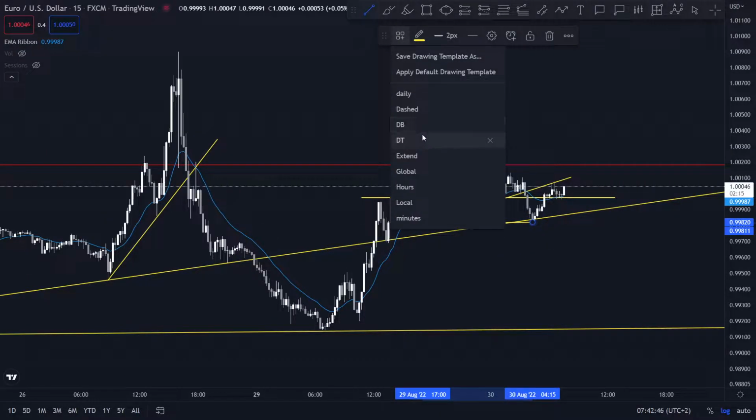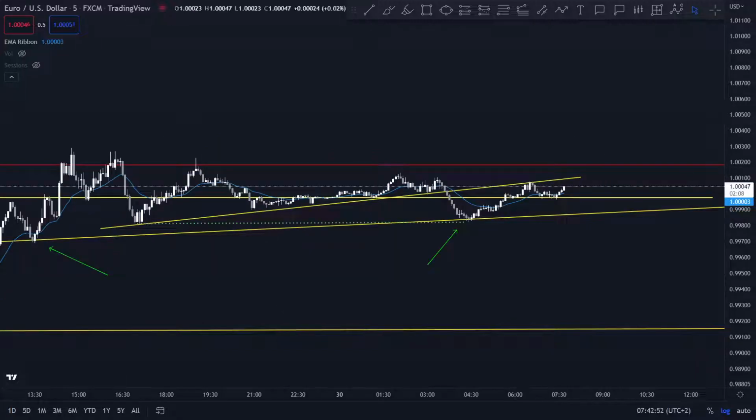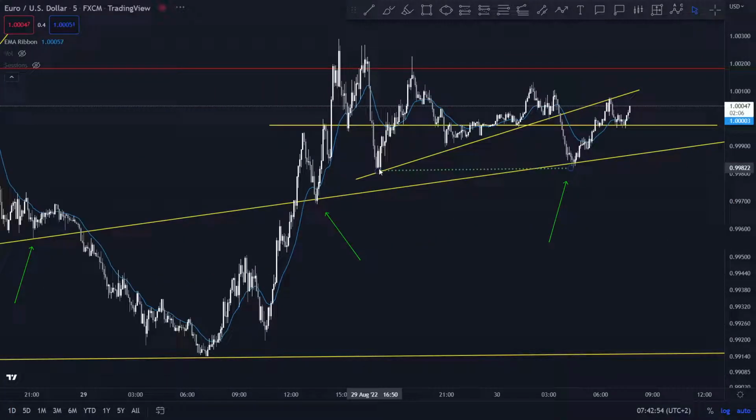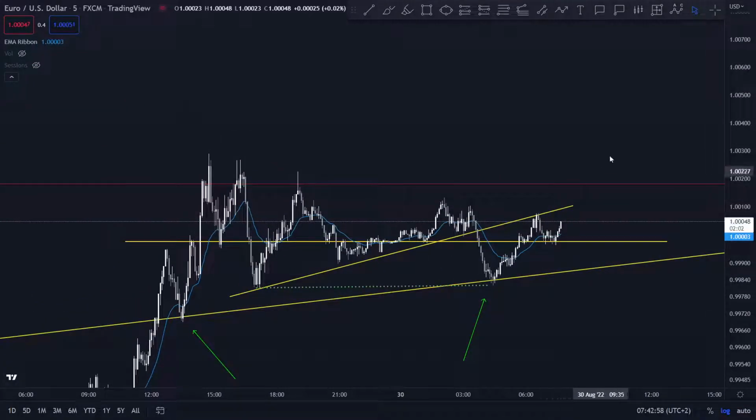Assuming here that this is a double bottom. You can see it here. And that this market is actually coming up.